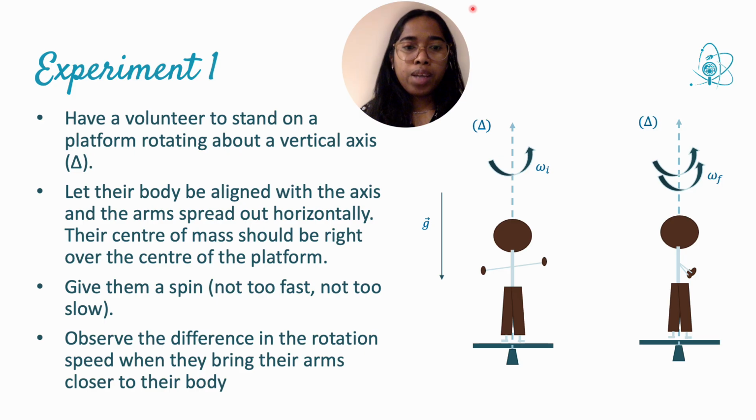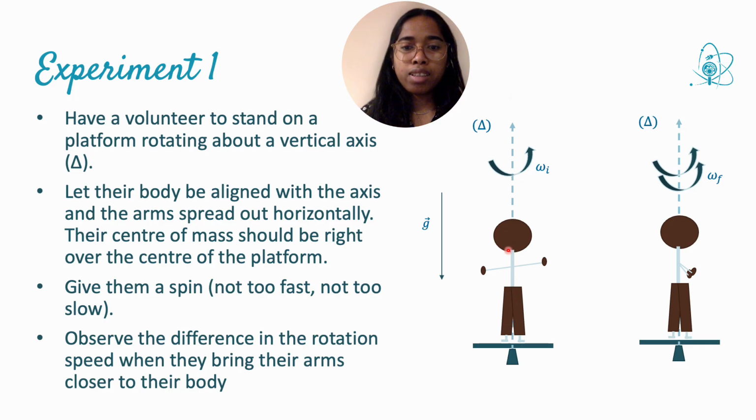So the person will stand on the platform with their hands spread out horizontally, like in this figure. If there are masses, they could also hold masses in their far hands. Their body should be aligned such that the center of mass is right over the center of the platform.